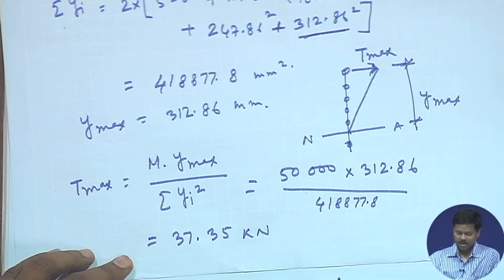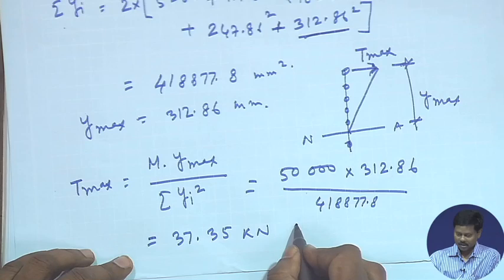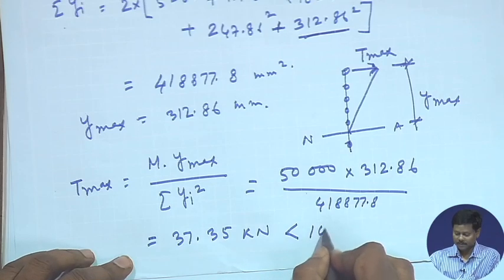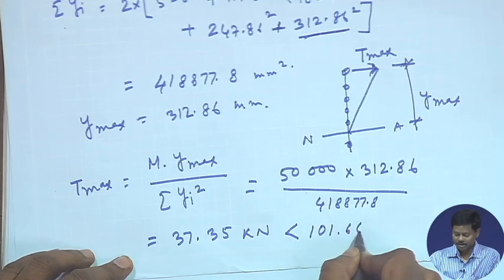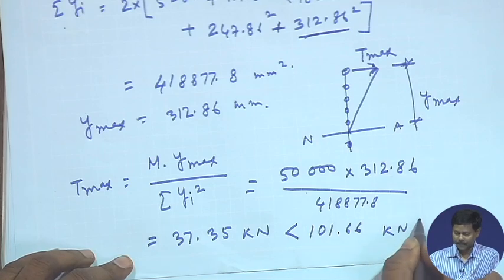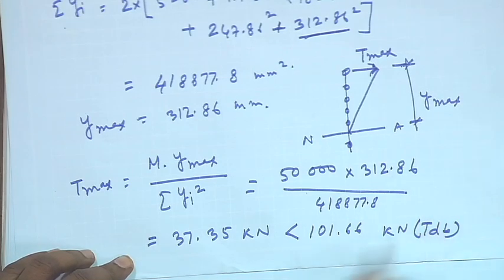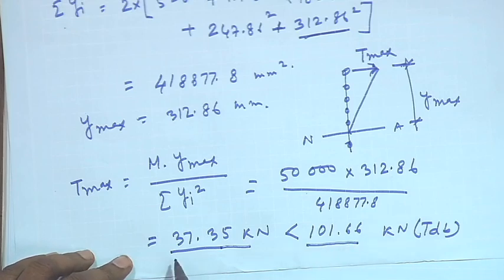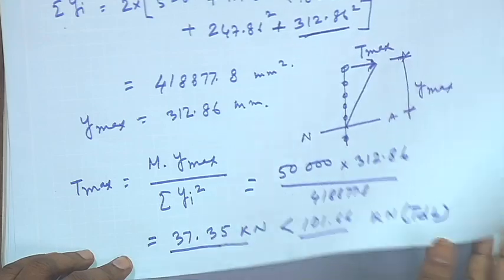This is the tensile force developed on the critical bolt, and it is less than the TDB. TDB value was coming 101.66 kilonewton. So, what we could see, the maximum tensile force developed on the extreme bolt is less than the tensile carrying capacity of the bolt. So, this is okay. That means, the number of bolts chosen in this case are okay.